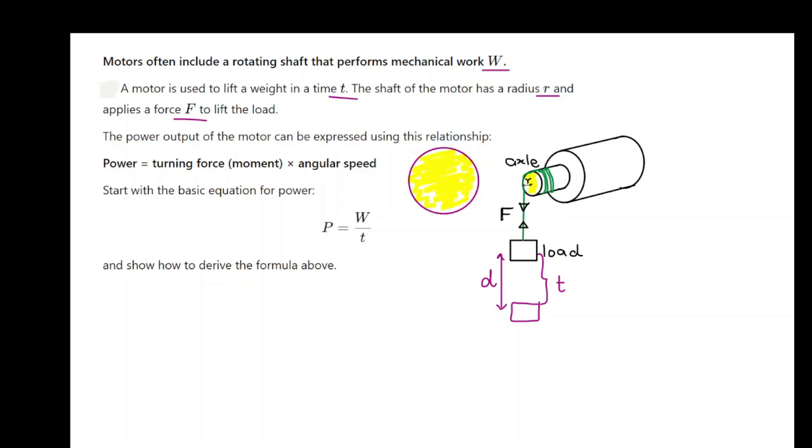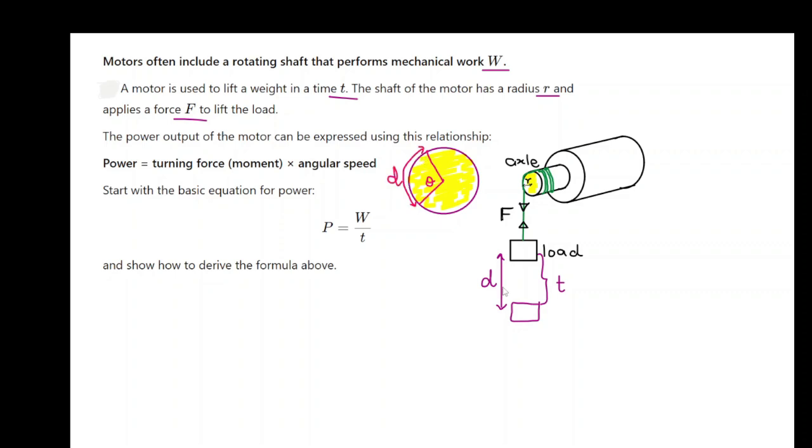Now, when the shaft turns this way, the string gets wound around it. Now, let's say when the string gets shorter by amount d, the angle here, let's take the angle to be theta. Now, this distance here will be d.